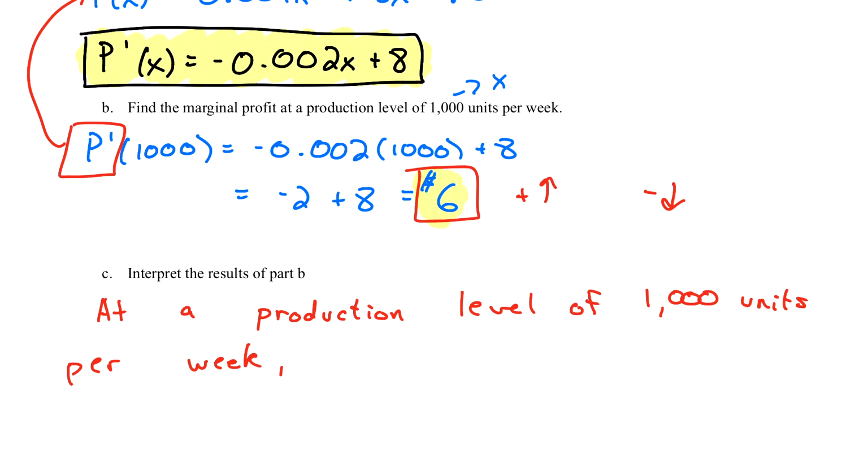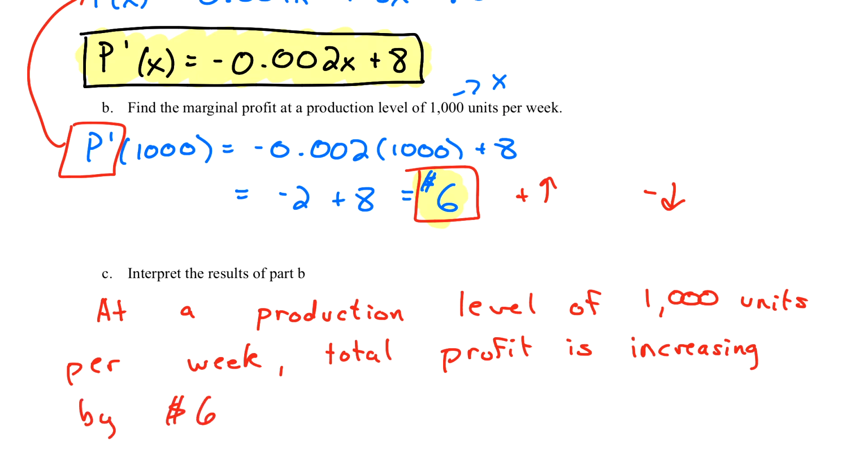So in this case, we ended up with a positive $6. What that means then is that our total profit is increasing by $6, but I want to also say how often is it increasing by that $6?